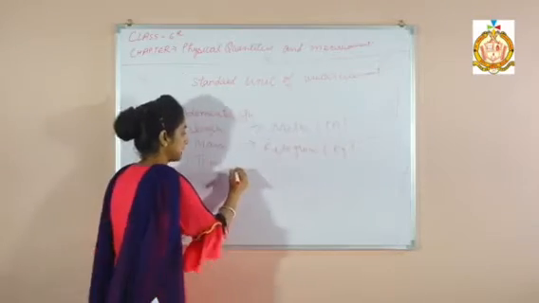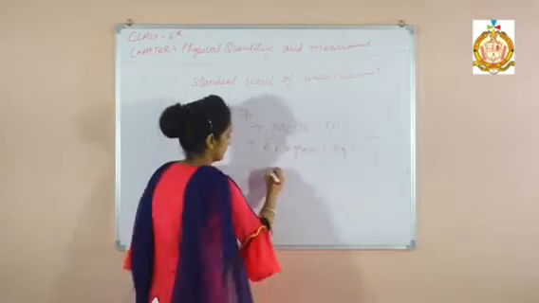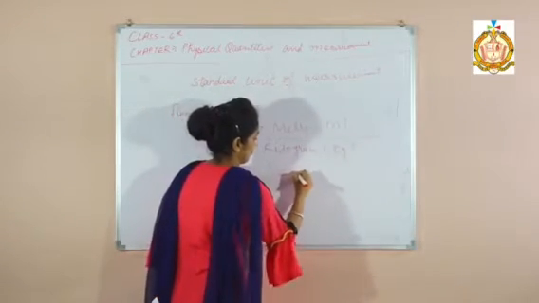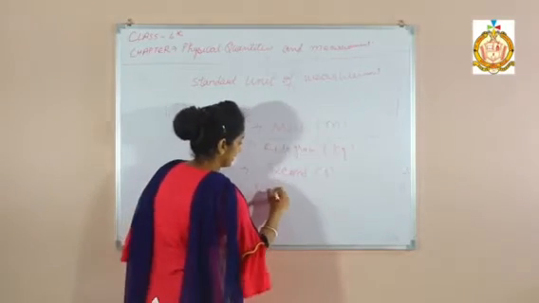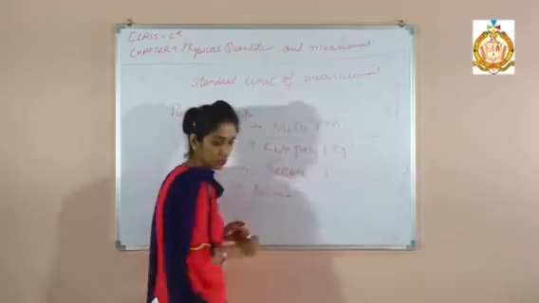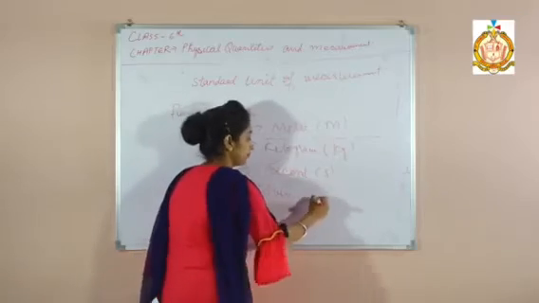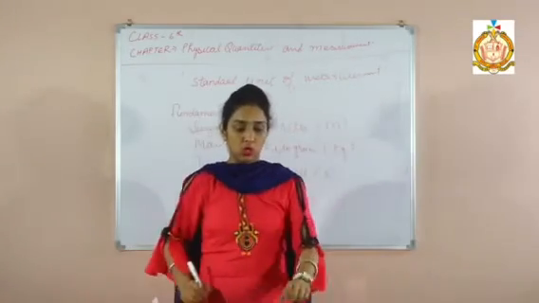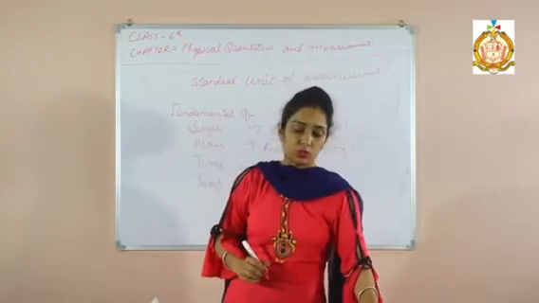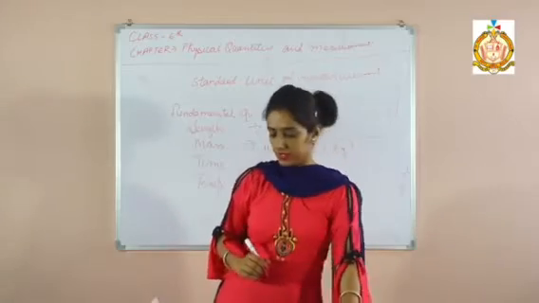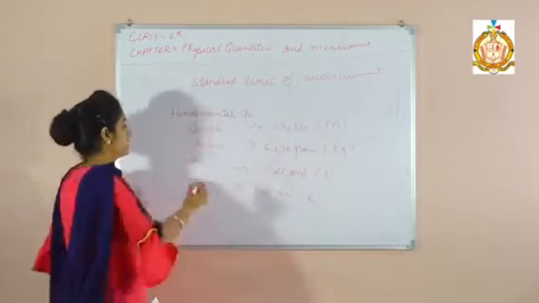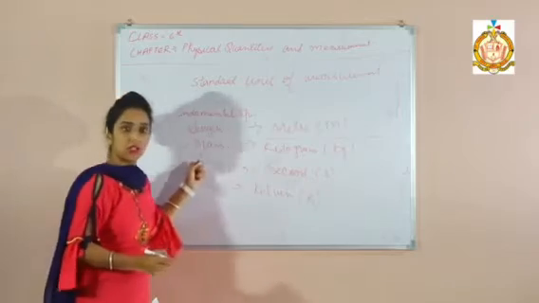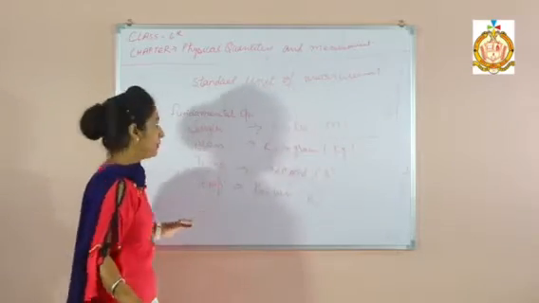Time is measured in second, that is s. Temperature in Kelvin, that is denoted by K. Now I will tell you about the fundamental quantities today. First quantity is length, second one is mass, third is time and fourth is temperature.